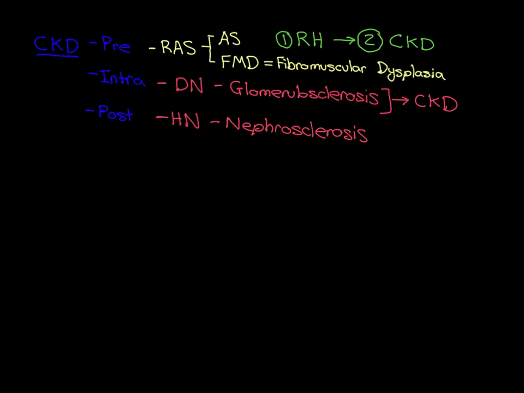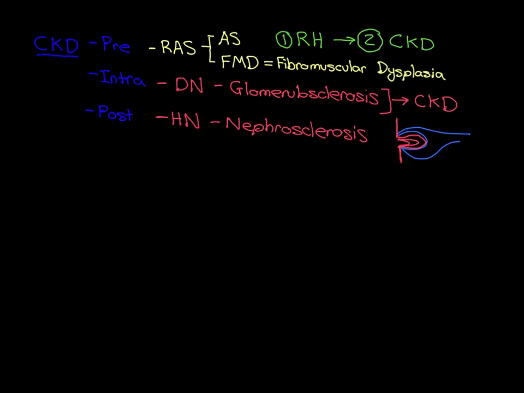So let me just again draw a picture of our glomerulus and our Bowman's capsule, the renal corpuscle. So here is our Bowman's capsule and the renal tubule. And then remember we have an afferent arteriole here and an efferent arteriole here, and then we have our glomerulus in between.